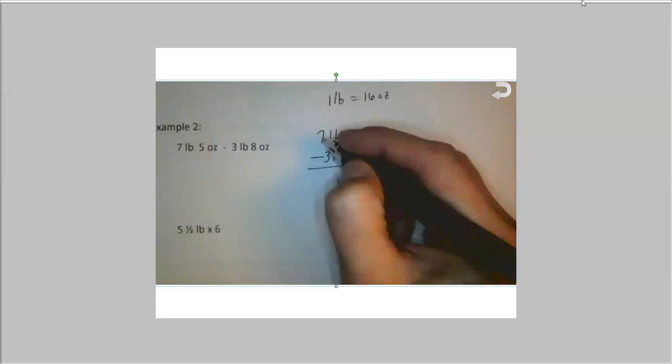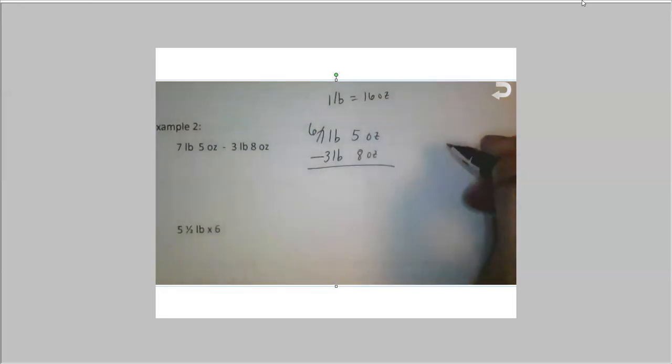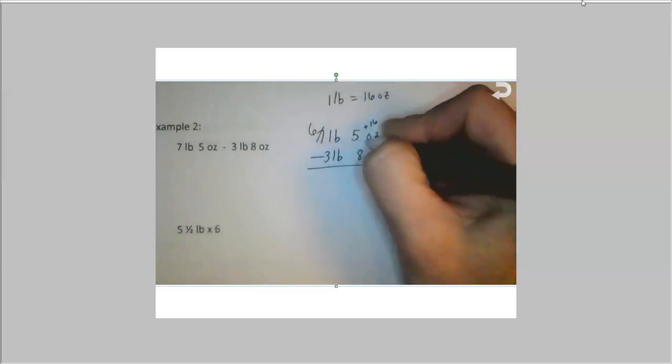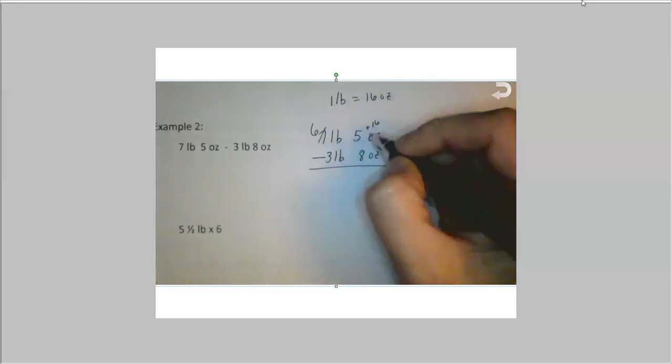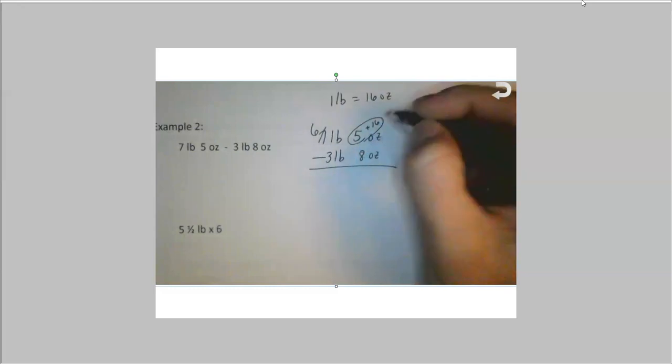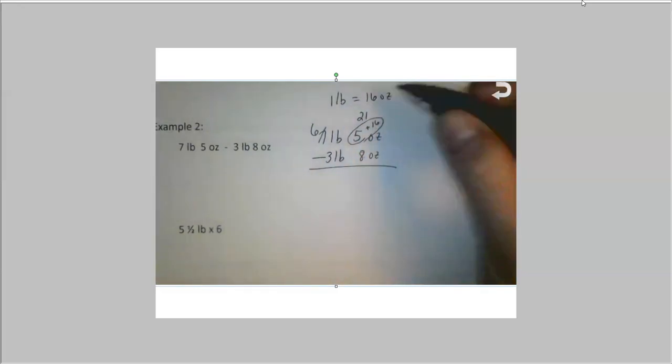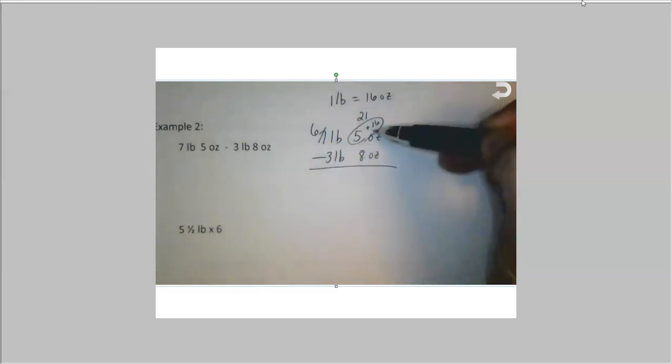So I am going to borrow a pound, but when I add that back, I'm adding it back as 16 ounces to the 5 I already have, and that makes 21 ounces. If I borrow a pound, that's 16 ounces that I'll add to that 5 I had. That makes 21. Now I can subtract 8 from 21.